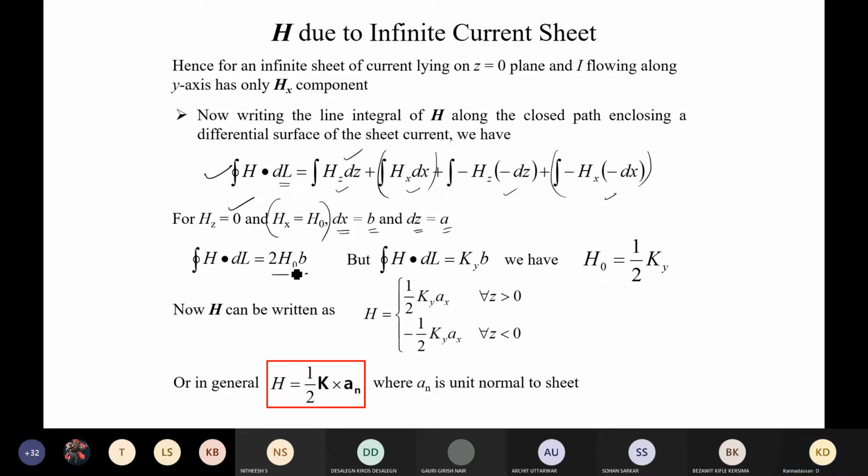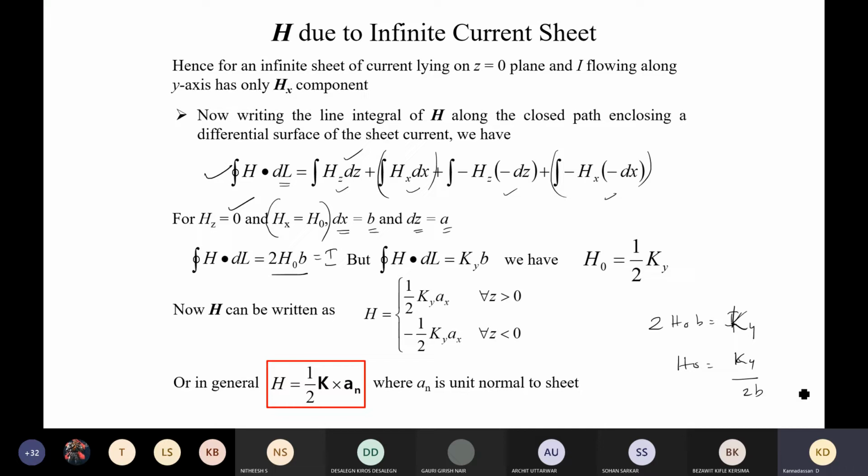And then we can say that this is supposed to be equal to the total current according to Ampere's law. So 2 H naught b equals the enclosed current I; here it should be K. I'm sorry, this is supposed to be K, also in the Y direction. We should remember that. Then we can easily say that H naught equals Ky by 2b.